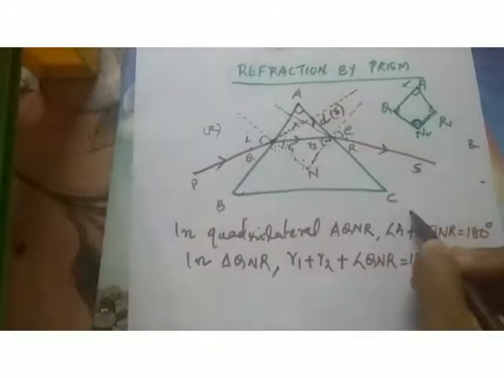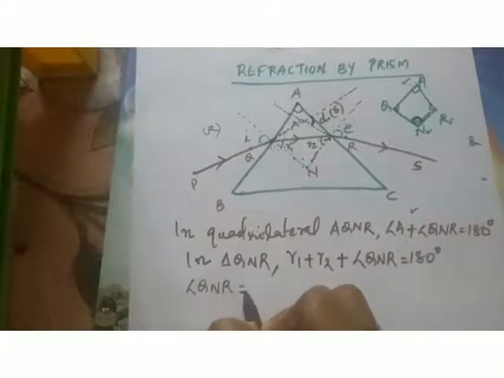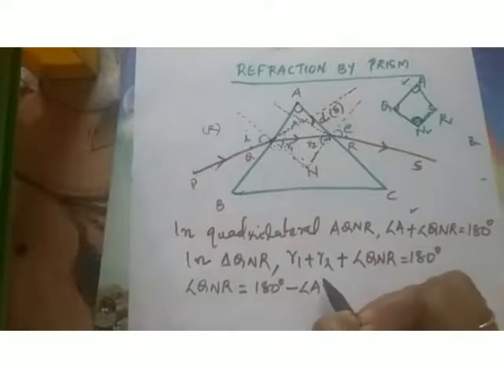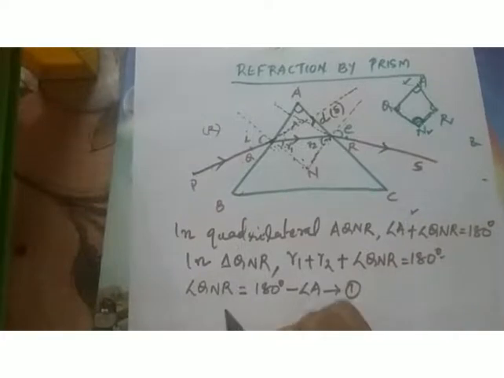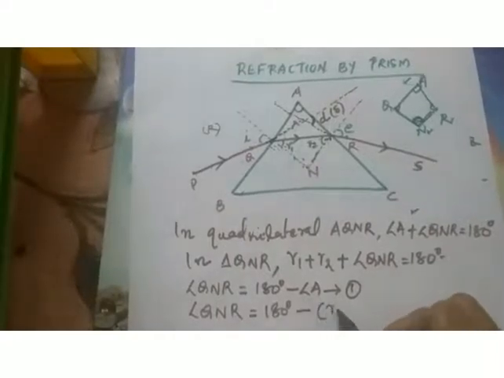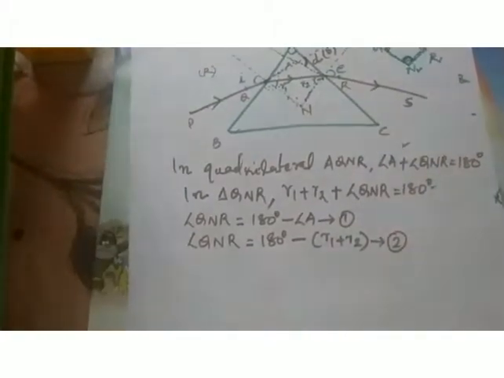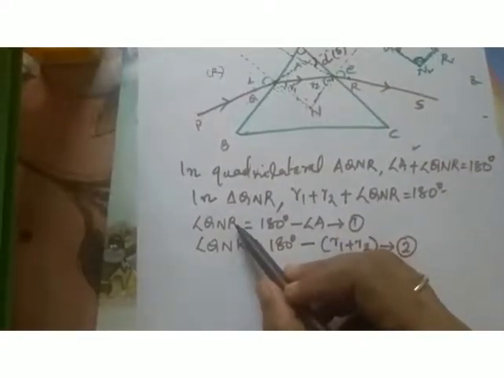Okay. Now from the first equation, angle QNR is equal to 180 degrees minus angle A. Let this be our first equation. Now from this expression, angle QNR is equal to 180 degrees minus (R1 plus R2). Isn't it? So let this be our equation number 2. Now just look at the LHS of equations 1 and 2.